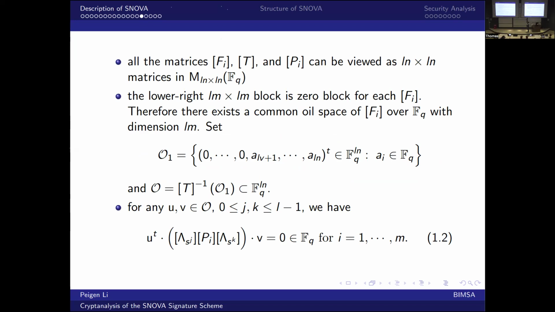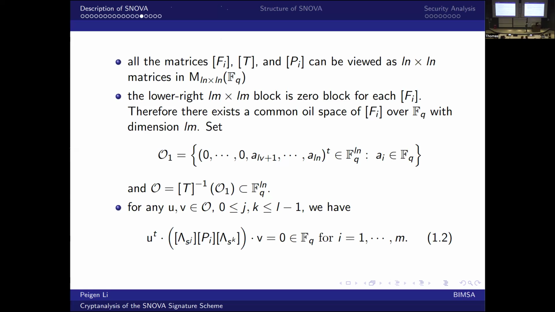All the matrices F_i, P_i can be viewed as Ln times Ln matrices in the big matrix form. We notice that the lower right Lm times Lm block is a zero block for each F_i. Therefore, there exists a common oil space of F_i over Fq with dimension L times m.